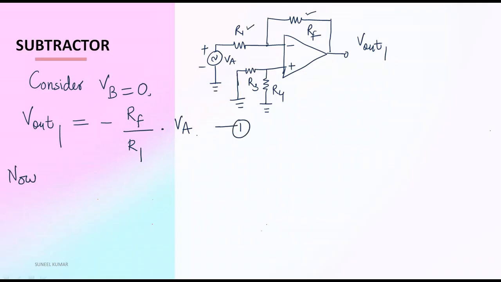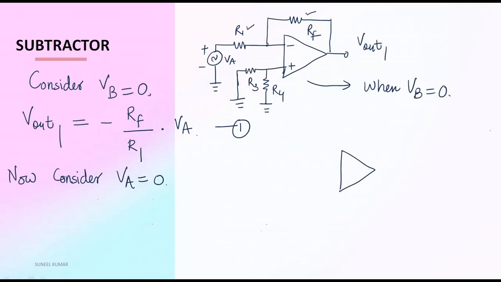Now consider VA is equal to 0. This is the circuit when VA becomes 0, and we can make a circuit here considering VA as 0.